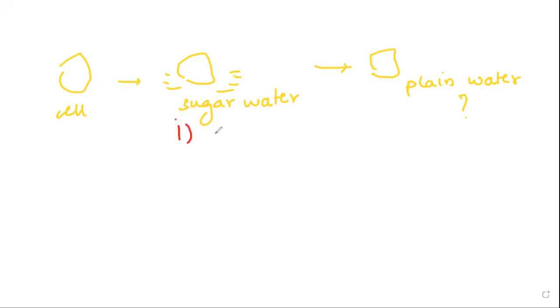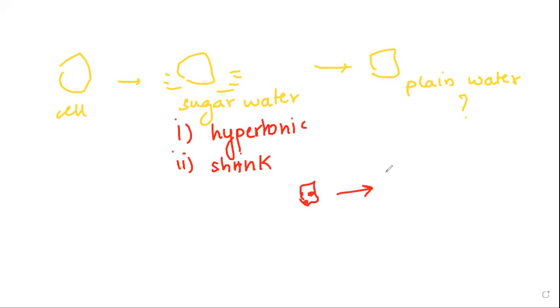So tell me, is this solution hypertonic or hypotonic? Hypertonic. Very good. So the cell will shrink. Awesome. Correct. So now basically I have this shriveled cell here and I am putting it in water.